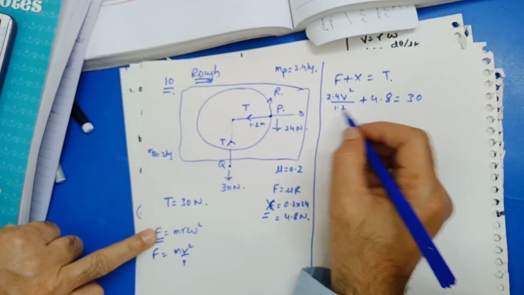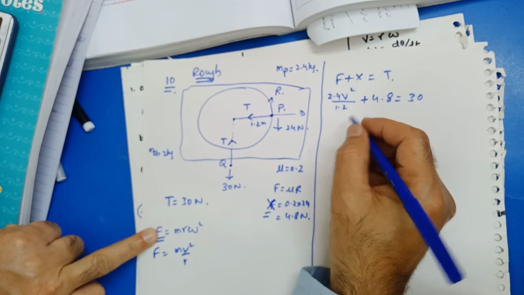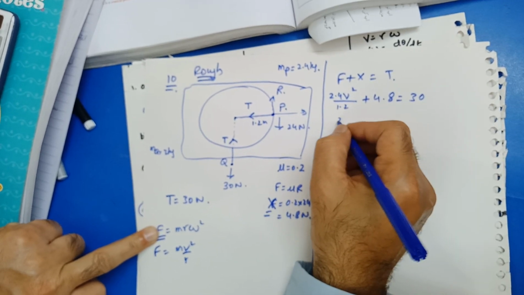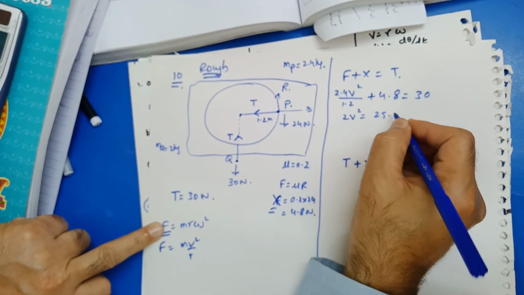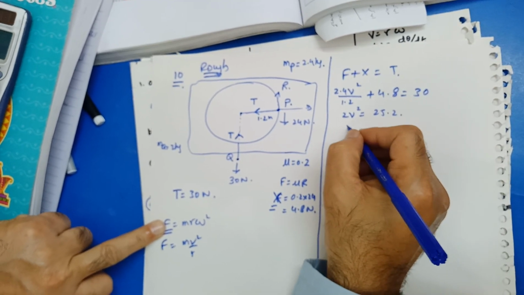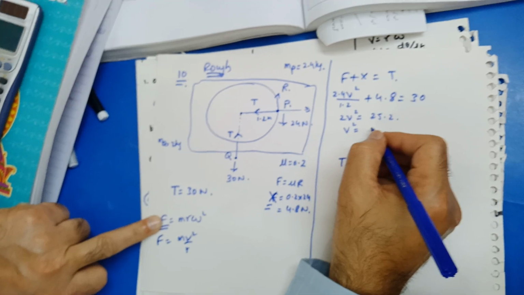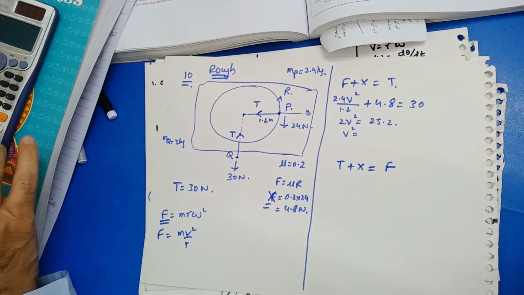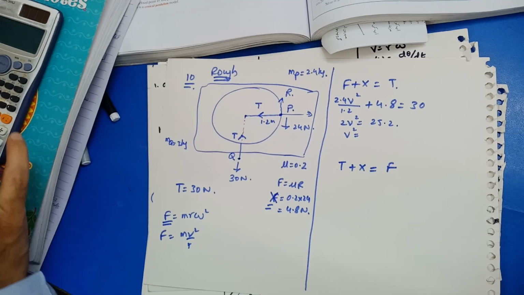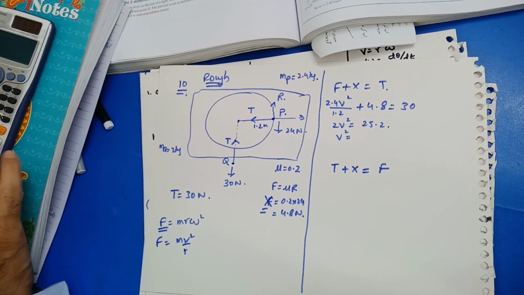Okay, so this will give you one value. If I just simplify, this is 2V square, that is 25.2, and V square is 25.2 divided by 2, and then I take its square root.